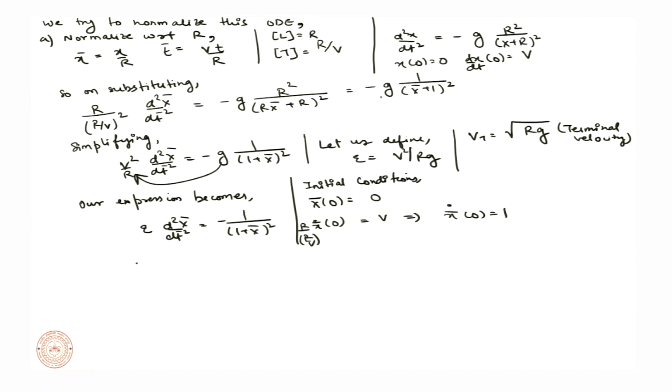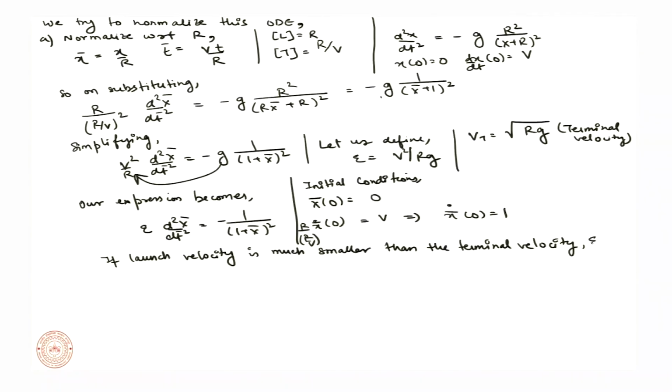However, just keep in mind one thing: if our launch velocity is much smaller than the terminal velocity, and the terminal velocity is typically in the range of kilometers per second, right. So, our launch velocity can very well be much smaller than the terminal velocity.